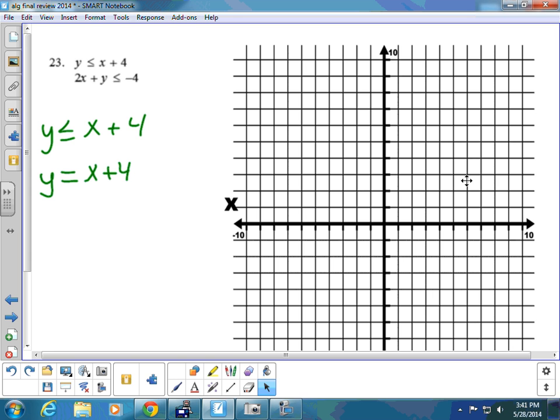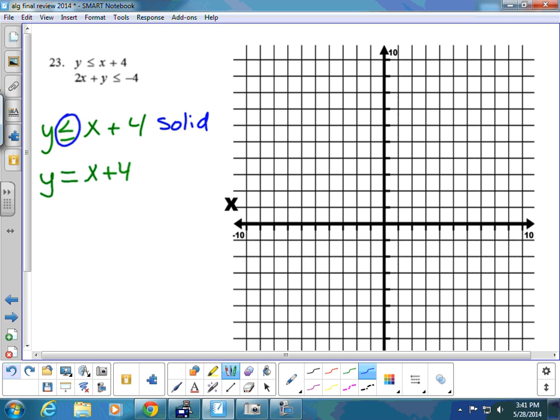I'll do this one by slope-intercept form. We have to realize that this means a solid line when we graph it. And it also means to shade, and most likely the shading is going to be down, but we can't necessarily assume that yet, we'll see what happens.